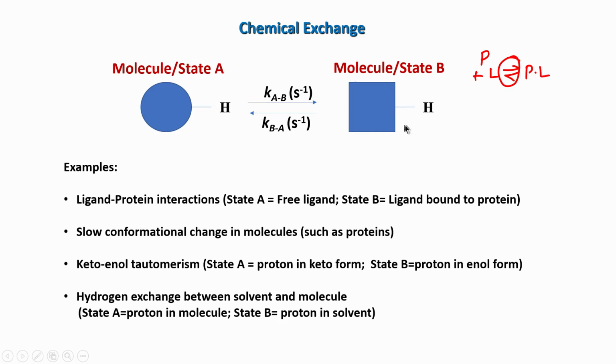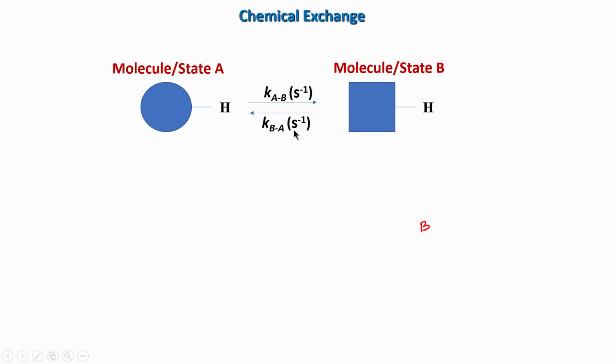So, HD exchange: the protonated form can be considered as one state and the deuterated form as the second state. Essentially, in chemical exchange we are trying to represent the molecule in two states, assume there is reversibility, and then find out what happens in such cases by NMR spectroscopy.